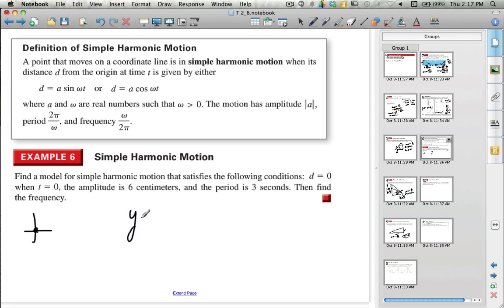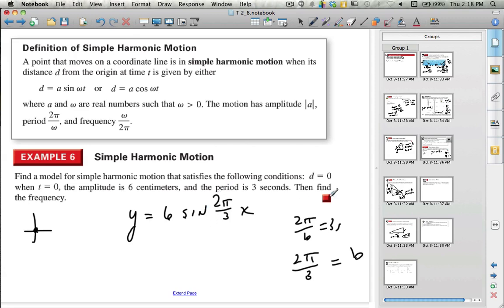So I know it's going to be y is equal to 6 times the sine of something. So I have to figure out what b is. I know that 2 pi divided by b is equal to 3 seconds. So 2 pi divided by 3 is equal to b. Multiply both sides by b, divide both sides by 3 seconds. So this is going to be 2 pi over 3x.